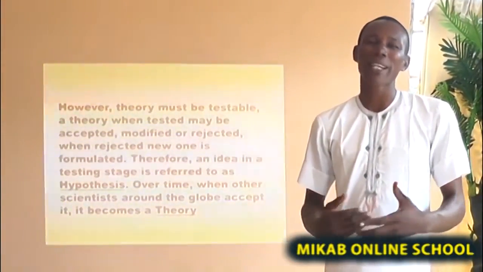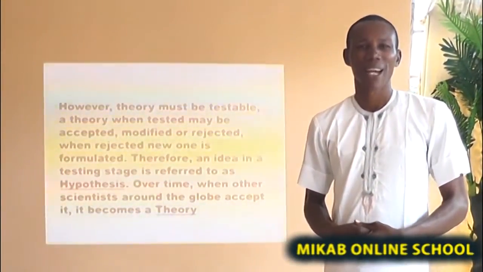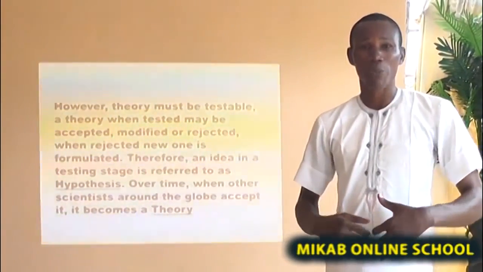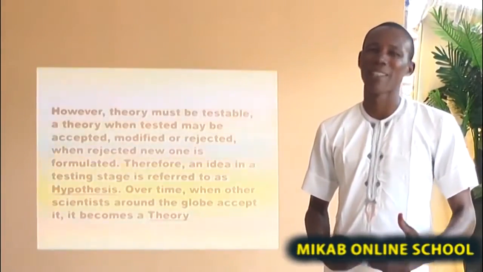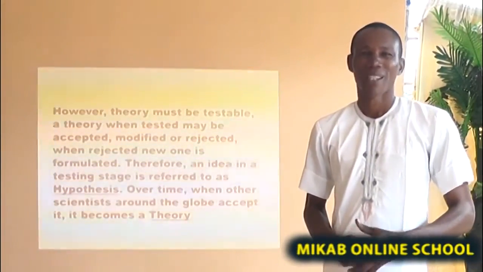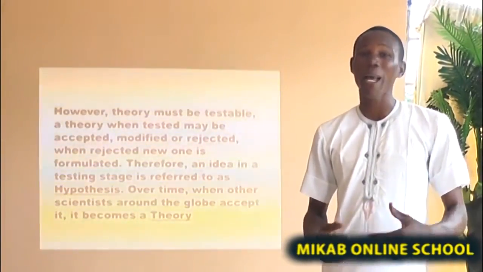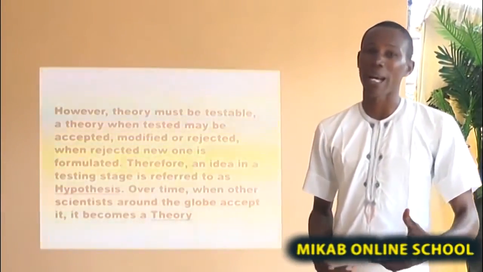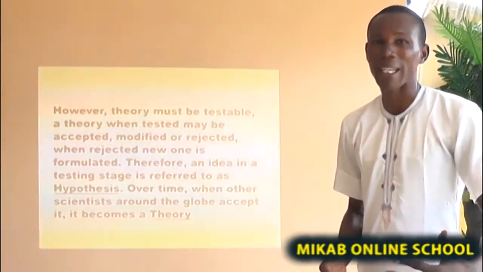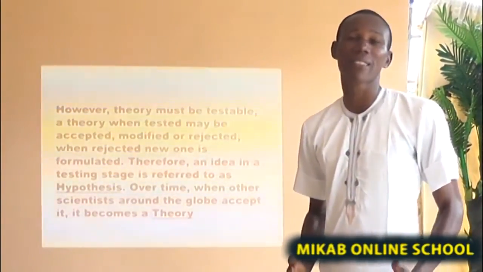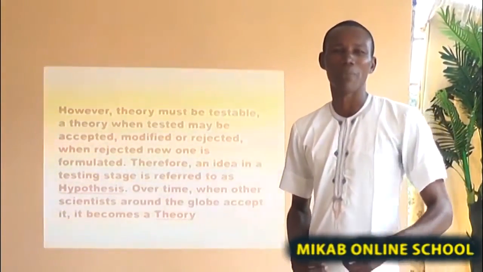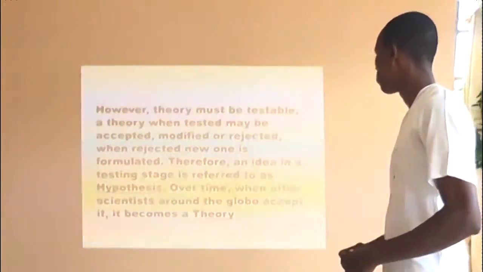Now, when a theory is tested and it is found to be supporting the fact, it will be accepted and not rejected. Remember that the theory, while under testing, is referred to as a hypothesis. And a hypothesis, when accepted by all scientists all around the globe, becomes a theory.